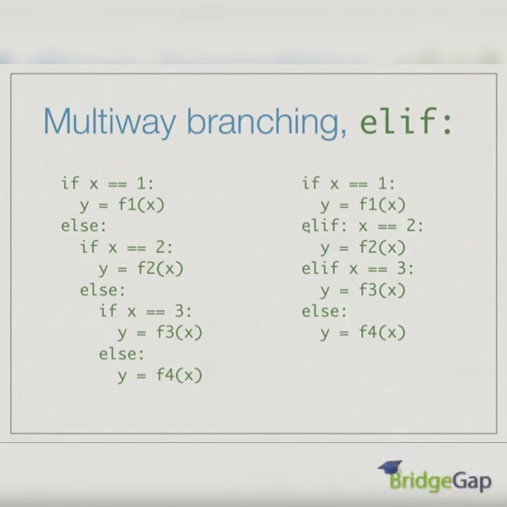If not, then instead of writing completely else if, we just write elif and check whether x is equal to 2, and if so, then y is equal to f2(x). If not, then we again check the other condition using elif. So this is how we write else if statements as multi-way branching in a Python program.